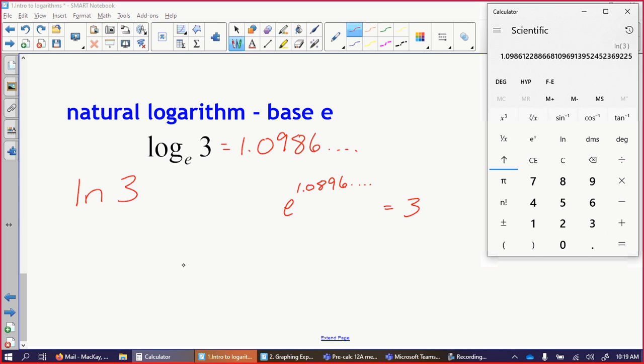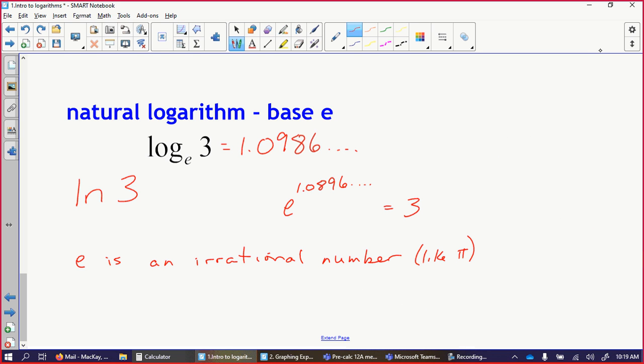E is a number. It's an irrational number, similar to our old friend pi.